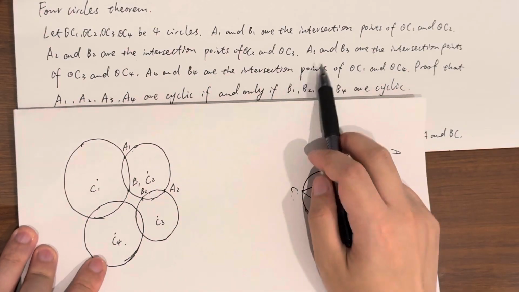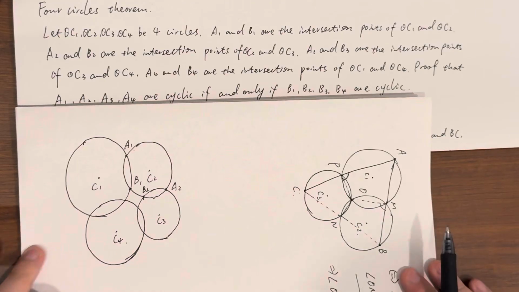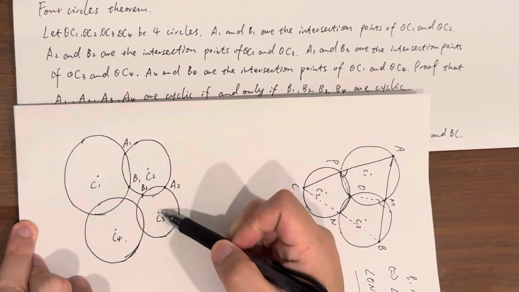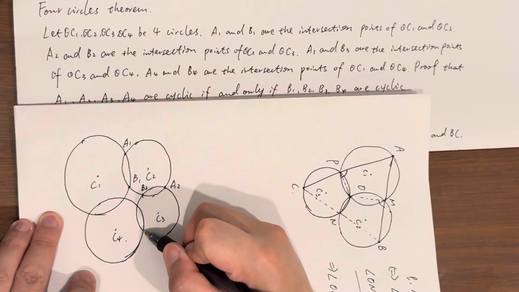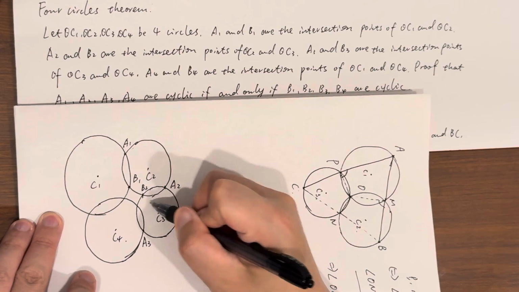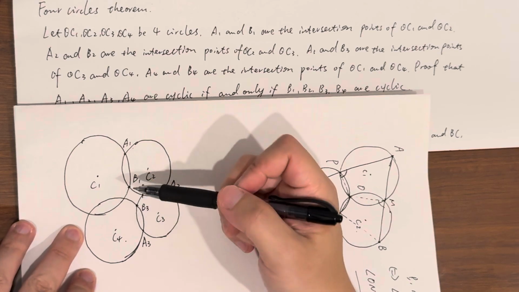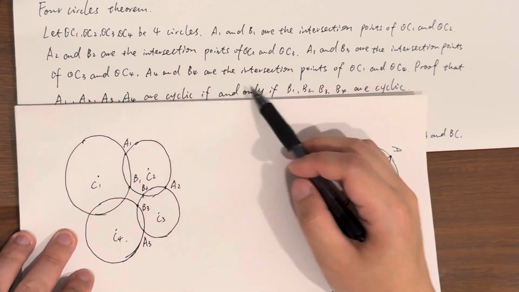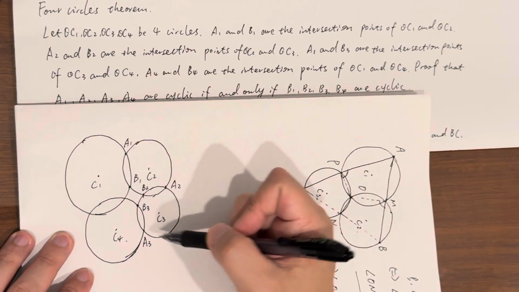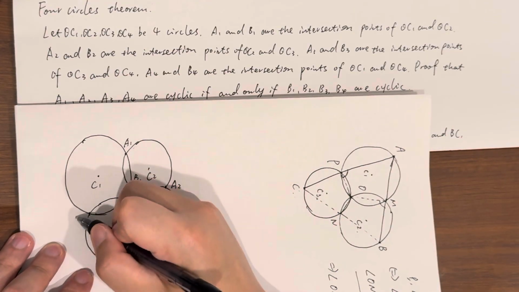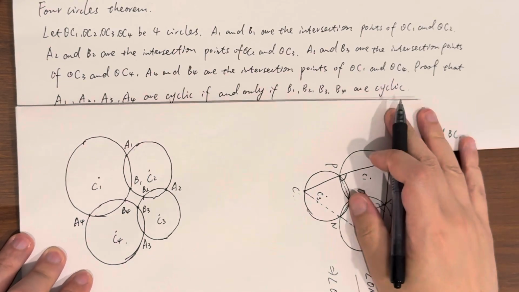Then A3 and B3 are the intersection points of circle C3 and C4. So this one is A3, this one is B3. And A4, B4 are the intersection points of circle C1 and circle C4. So this one is A4, this one is B4, right?